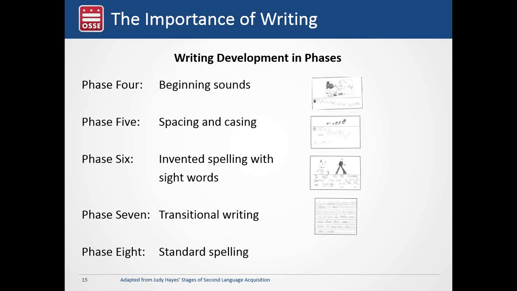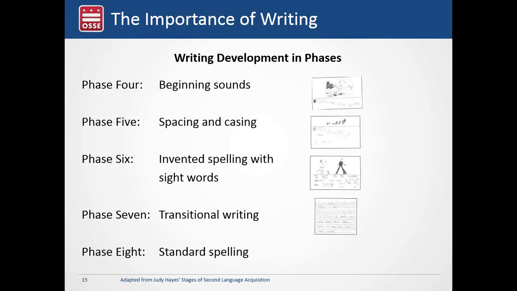In phase 5, they become aware of spacing between words and the fact that words have lowercase and uppercase letters. In phase 6, what we see typically in kindergarten is invented spelling with sight words. And this tends to go on through around grade 1 in the United States grade system.